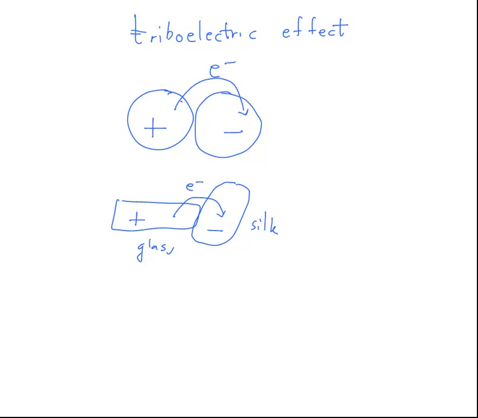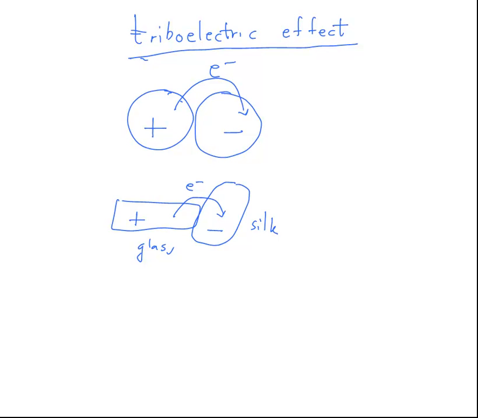Now, there's a question here. Why does this transfer of electrons happen only from glass to silk and not the other way around? The answer to that lies in the causes of the triboelectric effect. It's easy to think that it's just friction which is dislodging these electrons and causing them to move from one body to another. But that's not really true.